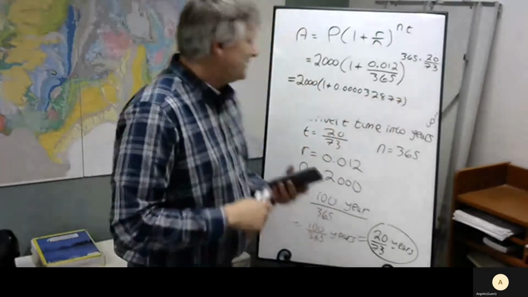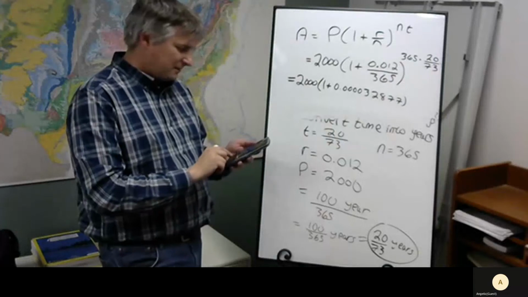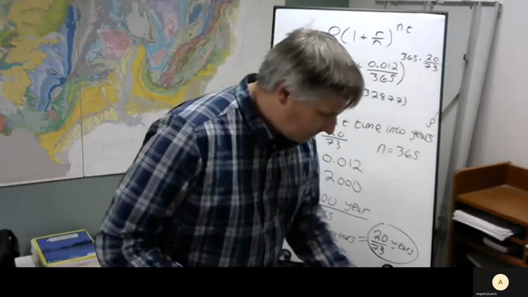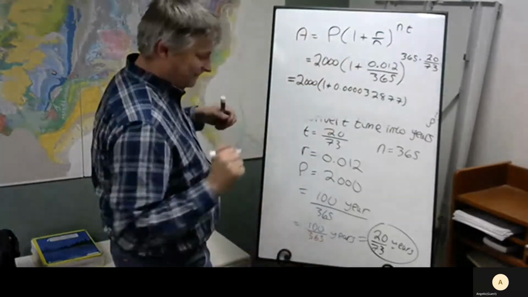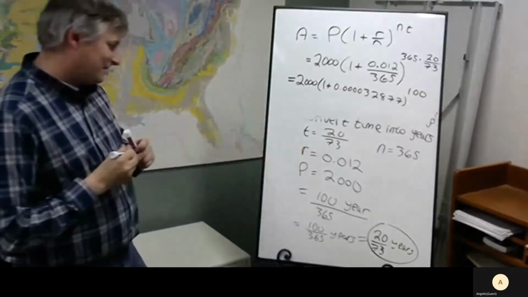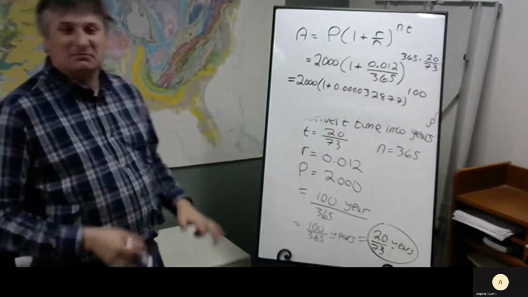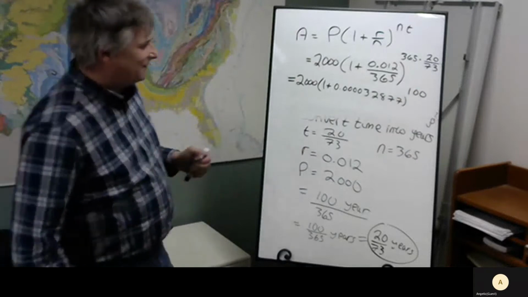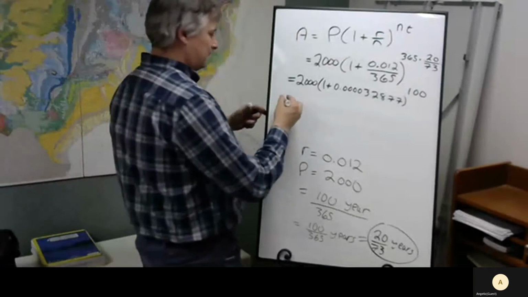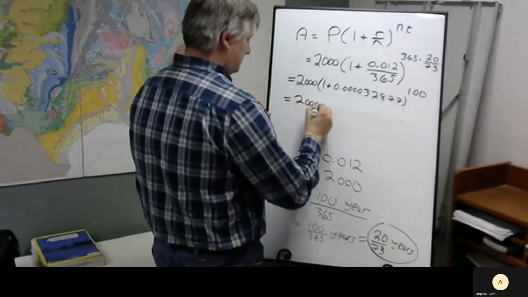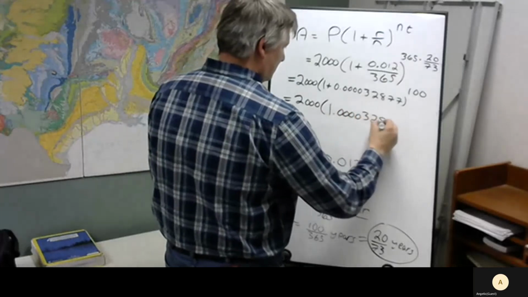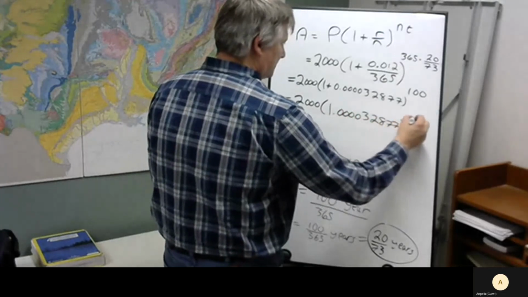And then for this one, let's see, 365 times 20 divided by 73. Oh, that's awful nice. We're going to get 100. All right, that makes sense. It's going to be 2,000 times 1 plus the fraction, to the 100.